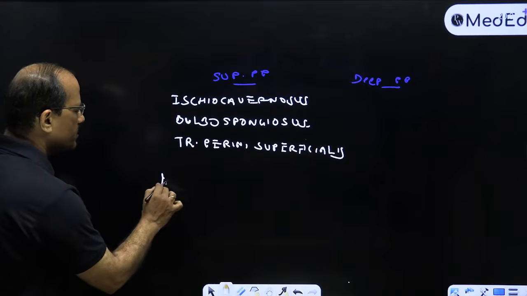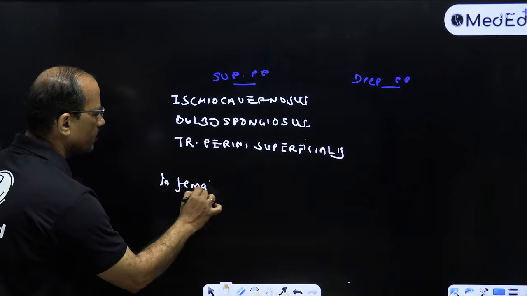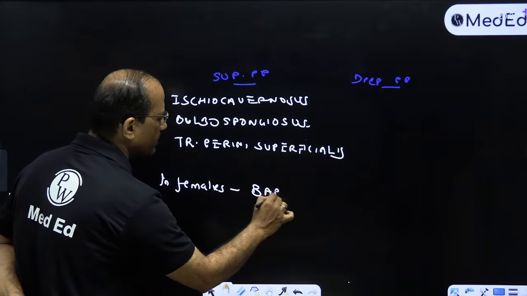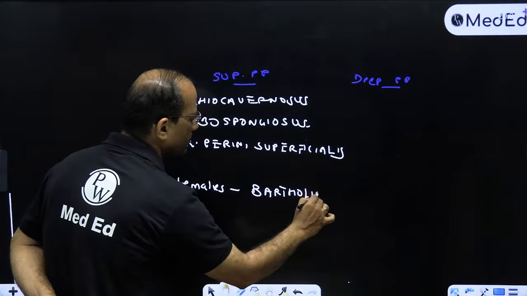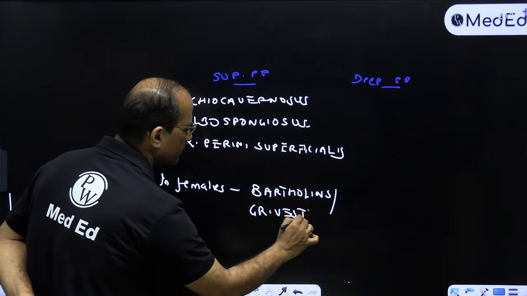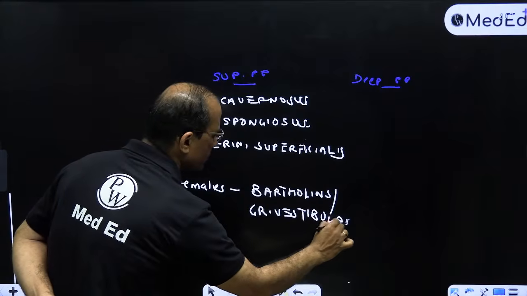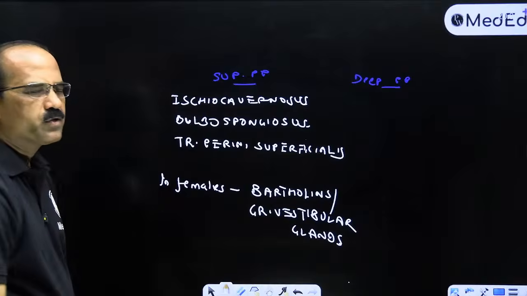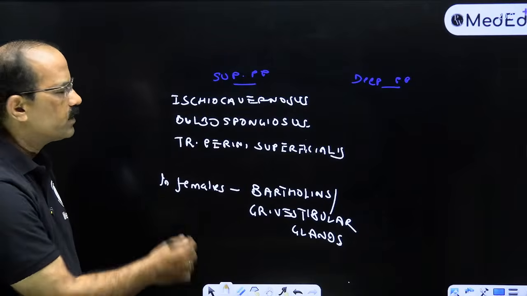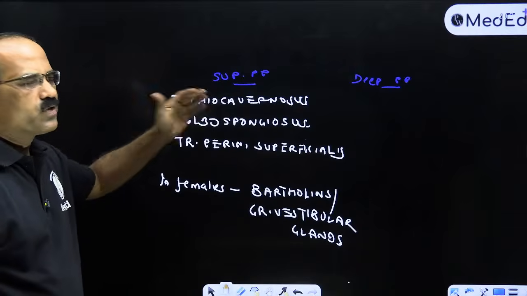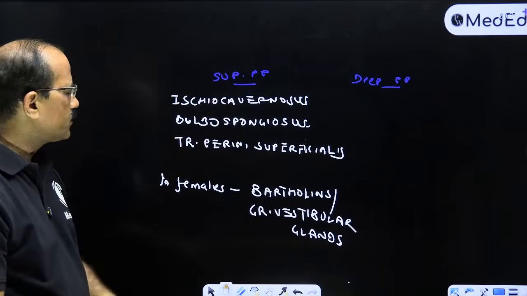In females, there are glands which are known as Bartholin's glands, or greater vestibular glands. So greater vestibular glands are the contents of the superficial perineal pouch in females. Baki ischiocavernosus, bulbospongiosus, superficial transverse perinei. That's in the superficial pouch.